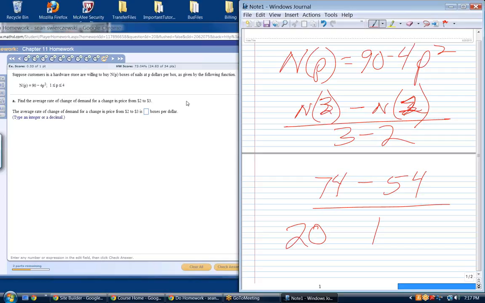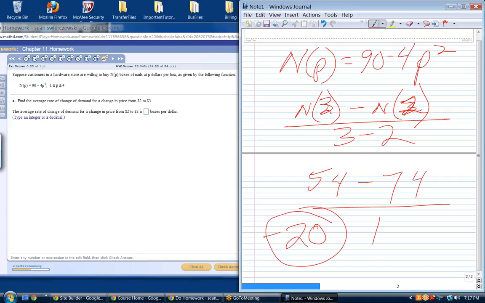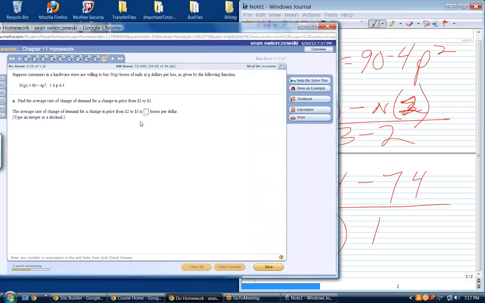And then when I looked at your answer on the previous problem, it was negative, and so I had done it right the first time. So I need to do this right the first time also. We don't want to get the wrong answer here. It is 54 minus 74. In other words, it is n of 3 minus n of 2, which gives you a negative 20 instead of positive 20. We good with putting it in there? Yeah. Okay.